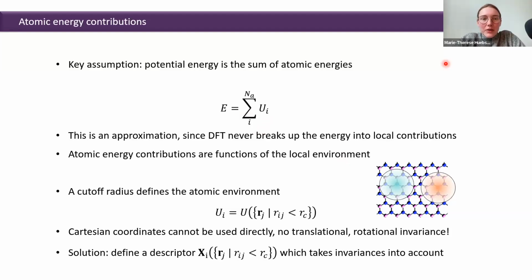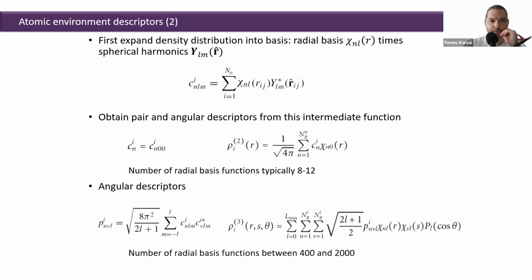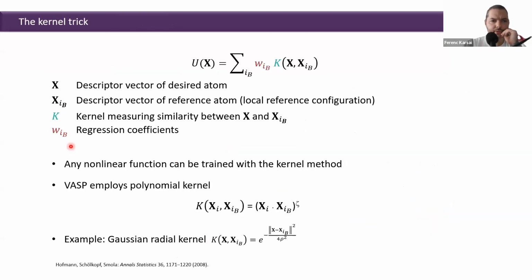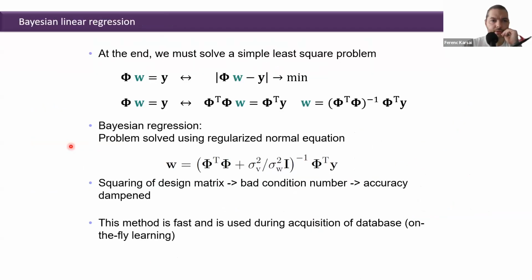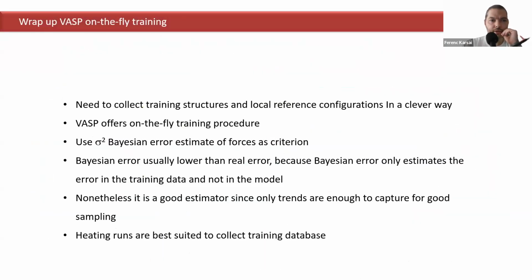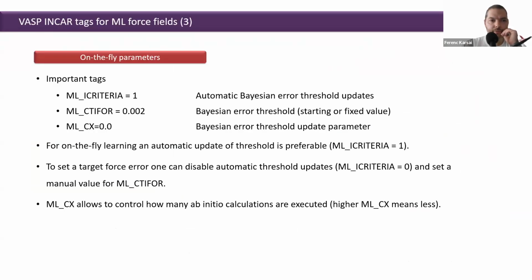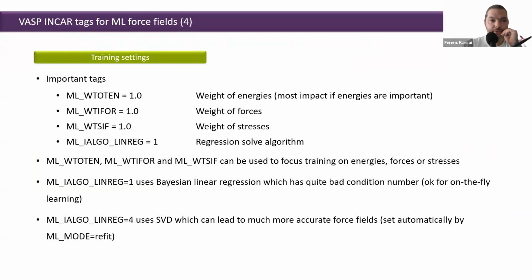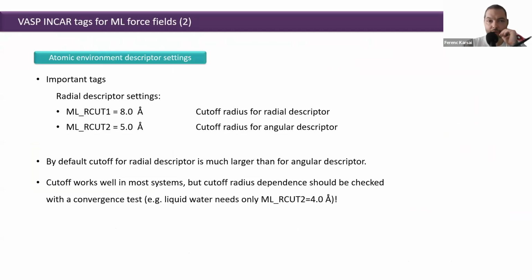So will the accuracy of an MLFF depend on the atomic environment cutoff radius used, and should we check for convergence with respect to that cutoff radius? In principle, as I told you, it's very often not worth it at first look. Here, for example, I had liquid water as an example.